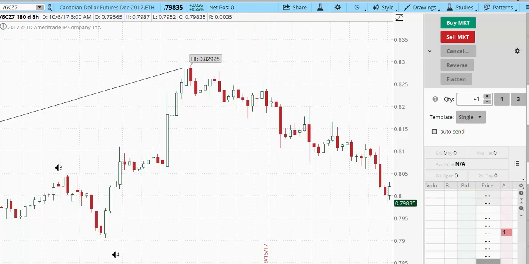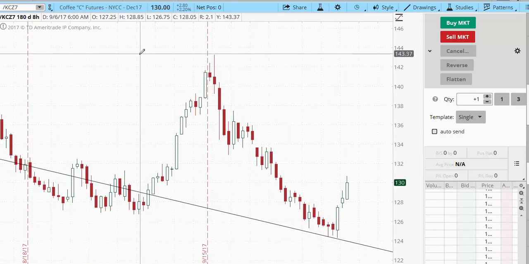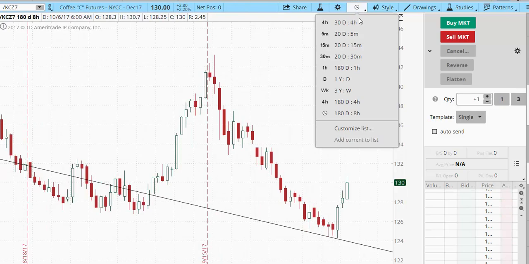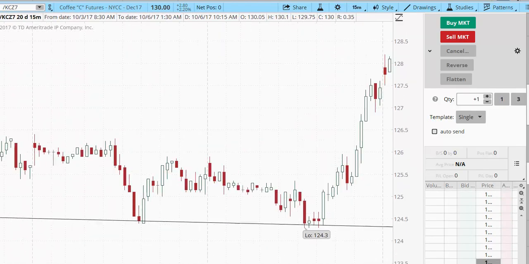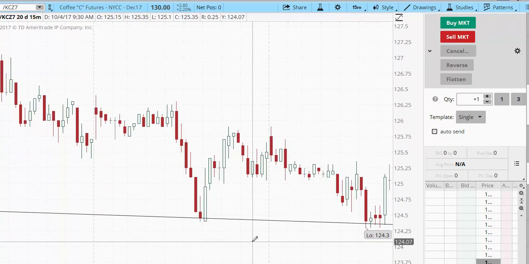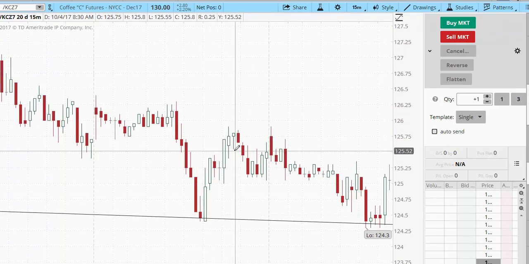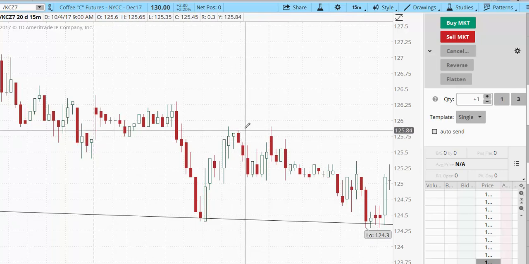Let's look at coffee. Now, if you remember, earlier this week I sent out a chart of coffee with the Babson reversal line on it, and we showed how prices were over here, up to about here. It's a 15-minute chart or something.